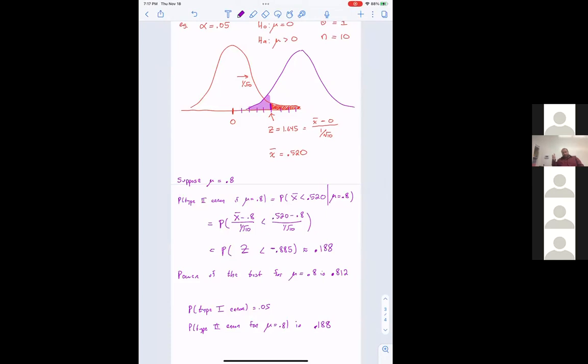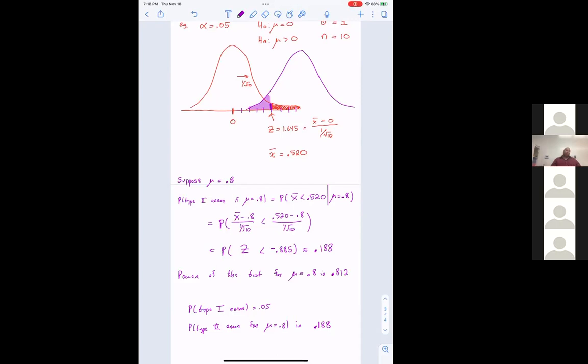But if I move it to the right, then the likelihood of making a type 2 error, which is to the left of it, goes up because that's more shading. The purplish shaded area gets bigger. So by making the type 1 error probability smaller, I automatically make the probability of a type 2 error bigger. And vice versa. So it's give and take.